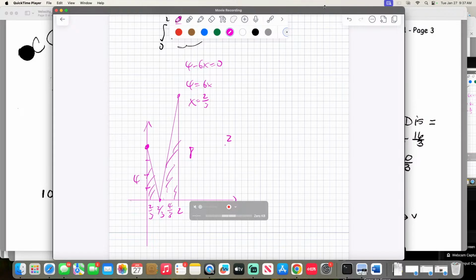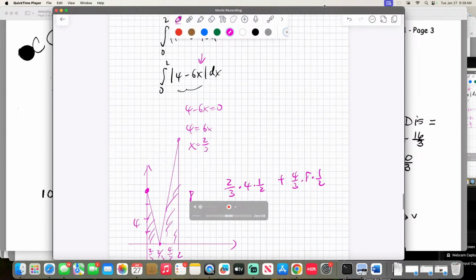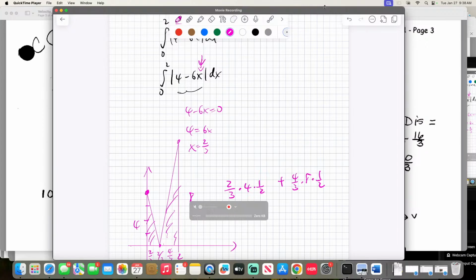So it'd be 2/3 times 4 times 1/2 plus 4/3 times 8 times 1/2. The height of this triangle is 4 because the y-intercept is 4, because you can plug in 0 here, and it's going to be 4 minus 0.